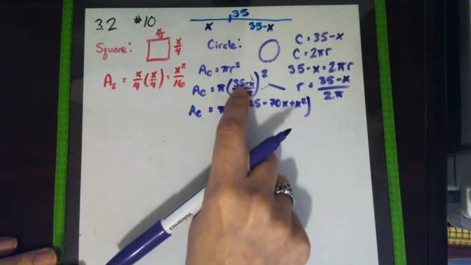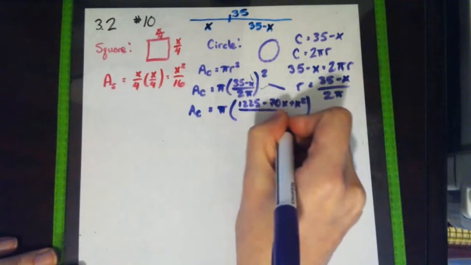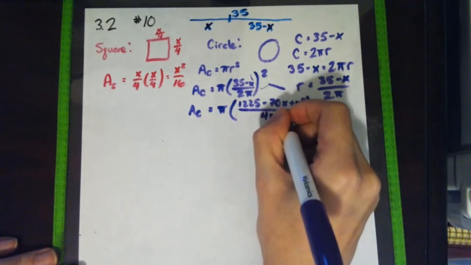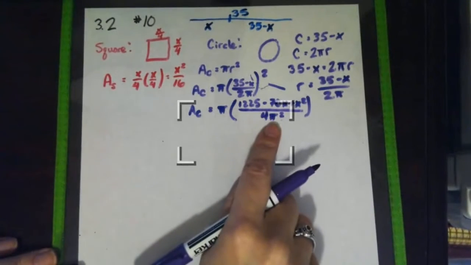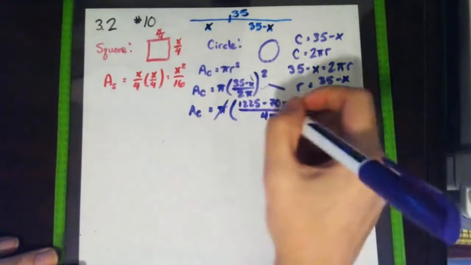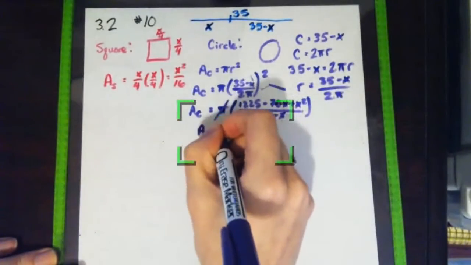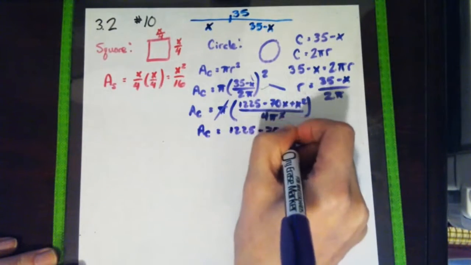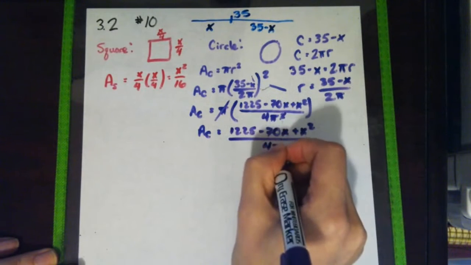I got that by FOILing out 35 minus X times 35 minus X. That's over 2 pi times 2 pi, which is 4 pi squared. Since I have two factors of pi in my denominator and one out front, I can cancel out one of those factors, and we're left with the area of the circle being 1,225 minus 70X plus X squared, over 4 pi.